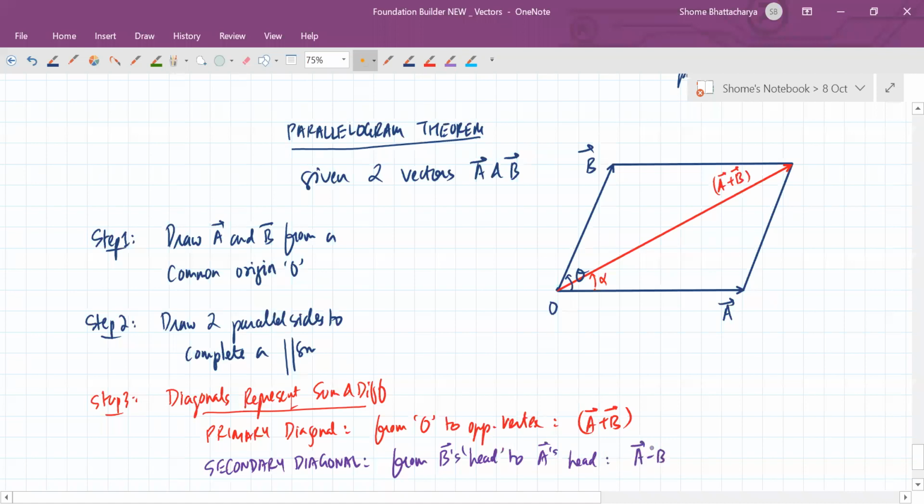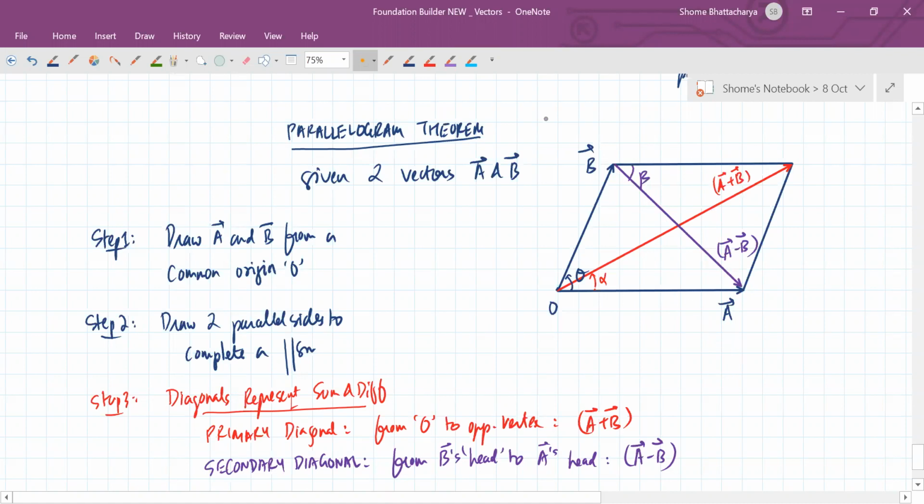It represents a minus b. So now if I construct this diagonal here from b's head to a's head, that one now represents the vector a minus b, and this angle is beta.